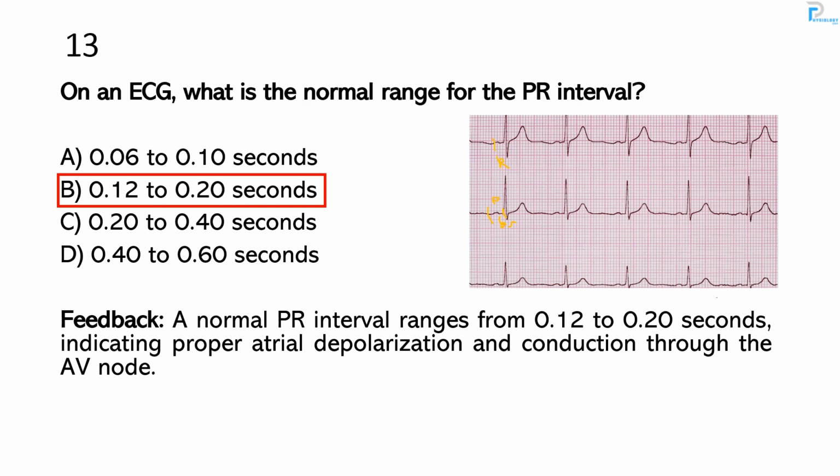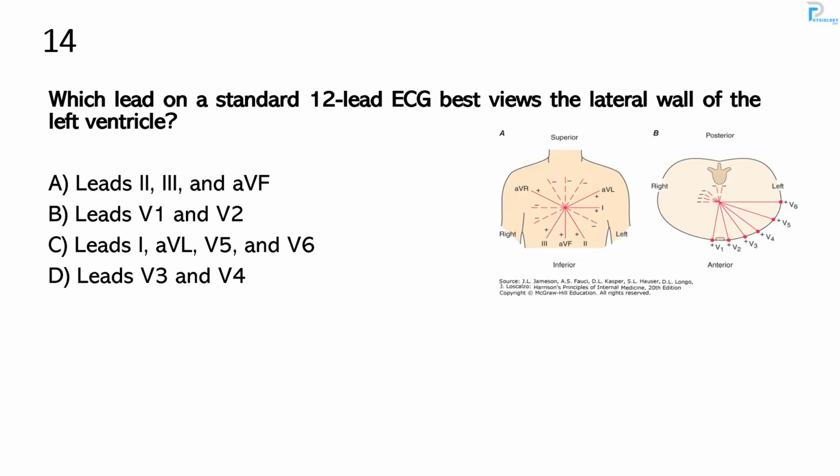Which lead on a standard 12 lead ECG best views the lateral wall of the left ventricle? We have 12 leads, looking at the heart from different angles, different views.